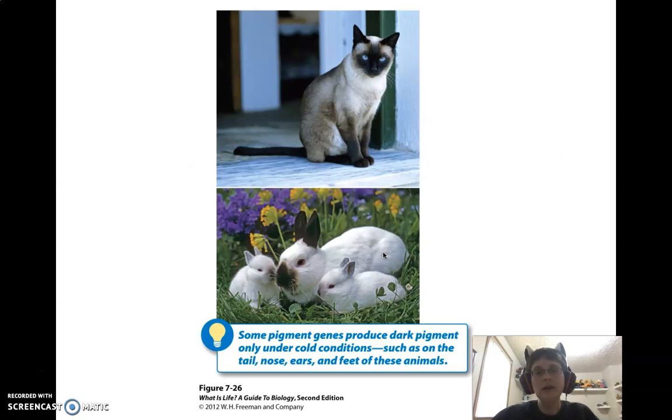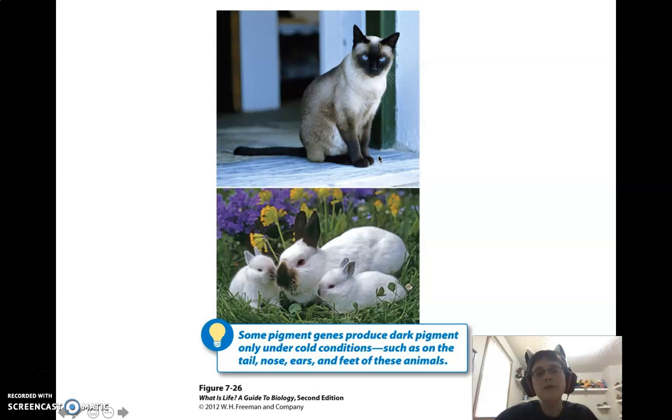So let's take a look at Siamese cats. So take a look at the cat. This is also true for these kinds of Himalayan rabbits. Look at where the dark parts of the animals are, right? The dark parts are the ears, the face, like the nose, the feet, and the tail.